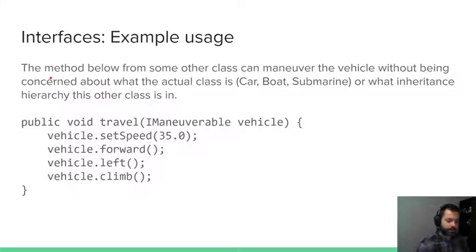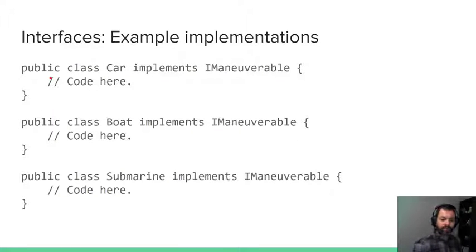So then, if we're going to go ahead and use this, let's say that we are passing in a vehicle of some kind. We don't really care what type the vehicle is. And this is where things get interesting and where that notion of abstraction really takes hold. So here we have our car, boat, submarine, obviously different physical objects.